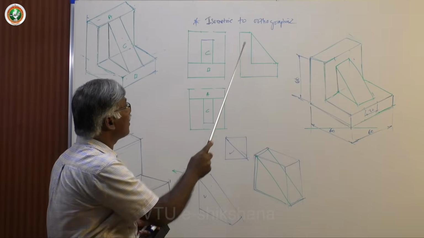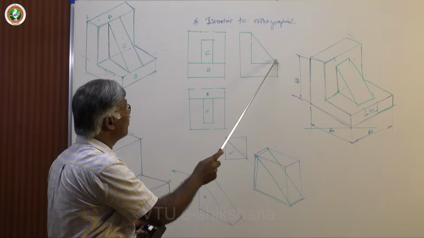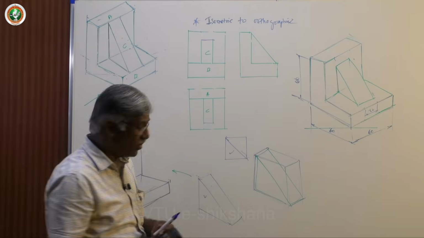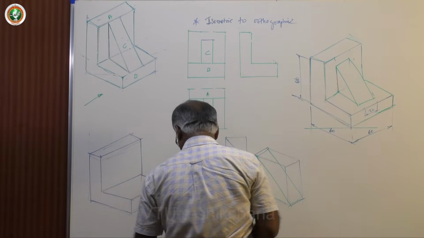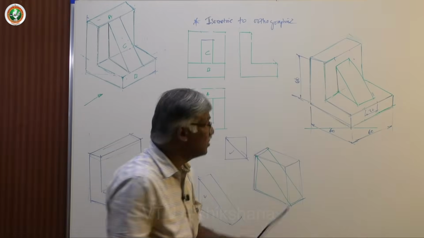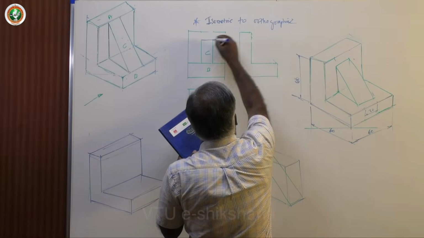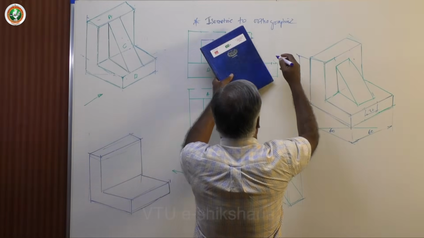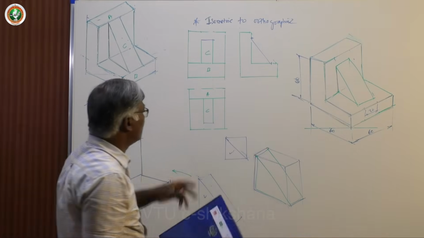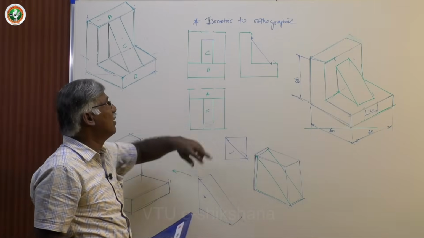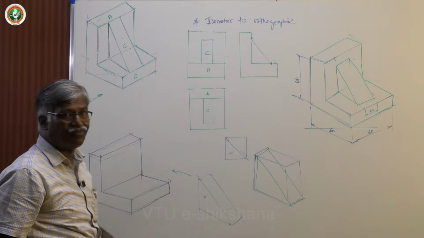In the side view also you are going to reduce it by 10 and join them. So that is what you have to do. The side view is going to change by reduction. We can have a projection or simply mark 10 mm. This is only the reference I am taking. So this is what the side view looks like. This is the front view, this is the top view.